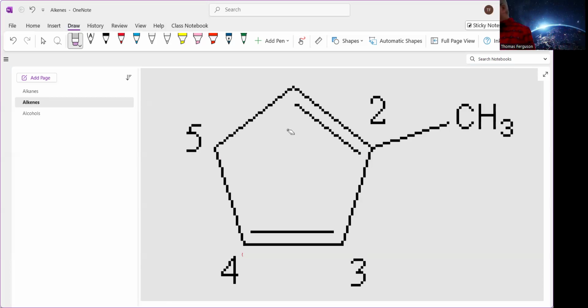Let's choose the top right one, and that's going to be carbon number 1. Now, whenever we number with a double bond, we have to number into the double bond. That means the numbering goes this way. If we chose this as number 1, we'd have to go counterclockwise, again because we have to go into the double bond.